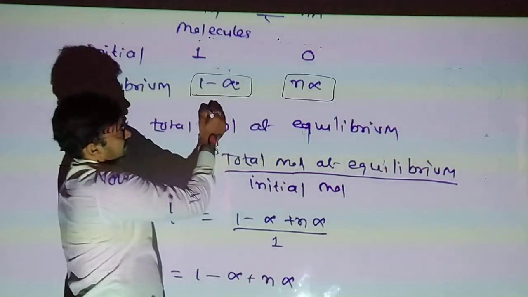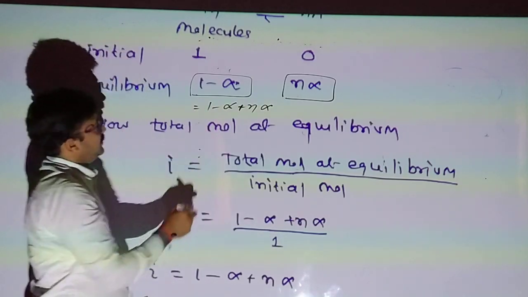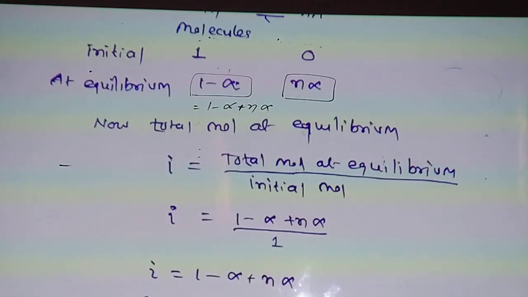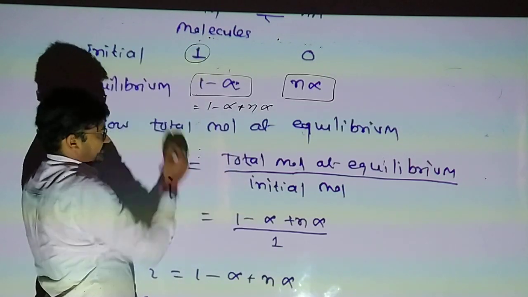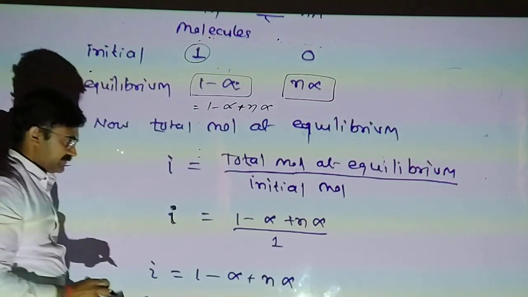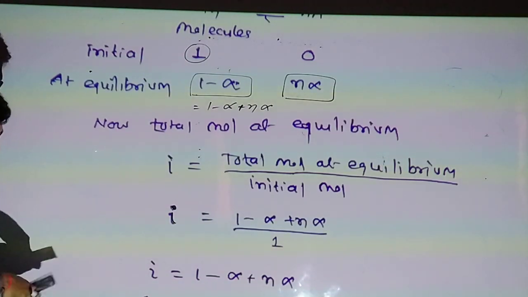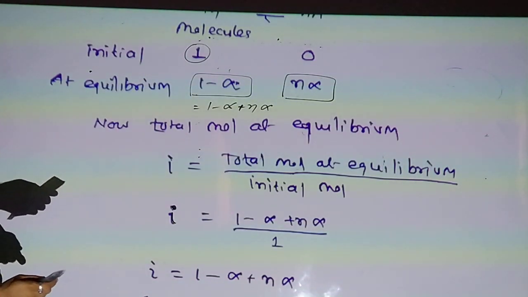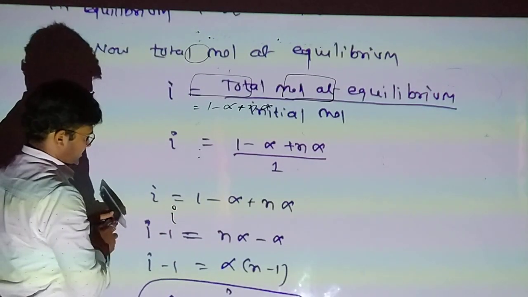So 1 minus alpha plus n alpha is the number of mole total at equilibrium, divided by initial mole. Initial is 1. So it gives one top factor i. So 1 multiplied to i. So it will be 1. No change.